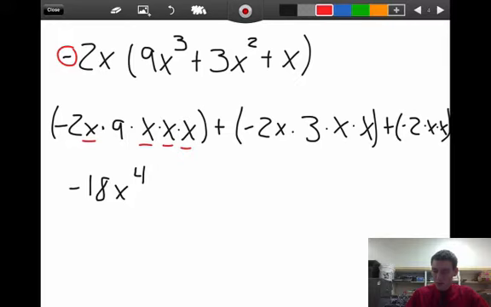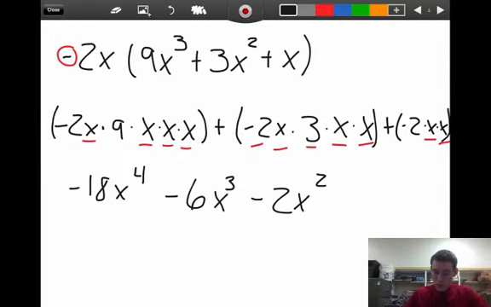And here we have x times x times x. And negative 2 times 3 is negative 6. So negative 6x to the third. And here we have negative 2 times x times x. So we have 2 x's, so we get minus 2x squared. So notice what happened. We had this negative sign out front.